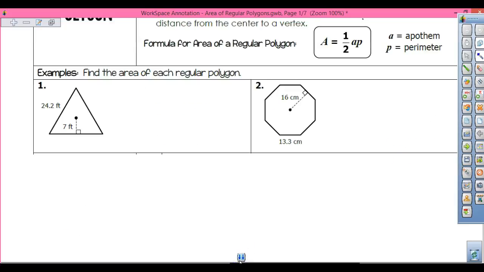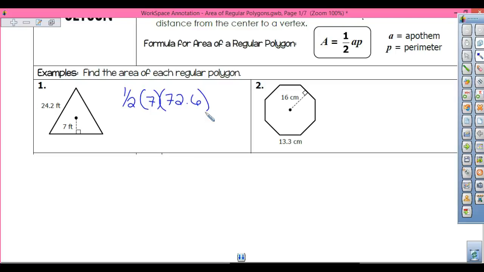So in number 1, my apothem is 7. Then we have to find my perimeter, because it's 1/2 times my apothem, 7, times the perimeter of my triangle. So I take 24.2 times 3, which gets 72.6.